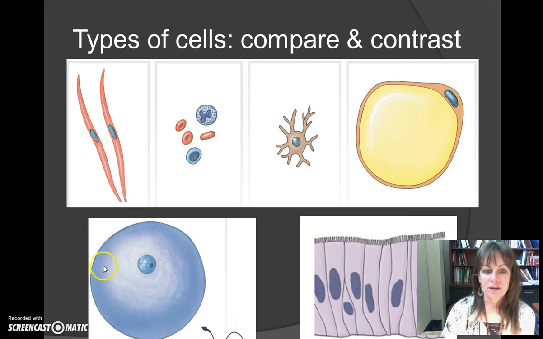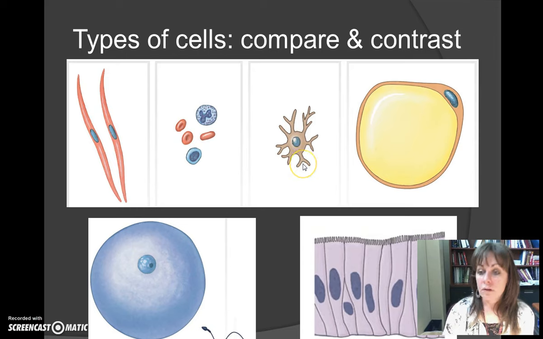Okay, here's an egg, huge. Here's a sperm, quite small in comparison. Okay, here's some blood cells, right? So they're all going to be different sizes. And then you also notice that they're different shapes. This is a muscle cell, has a certain shape. This is a nerve cell, has a very different shape.